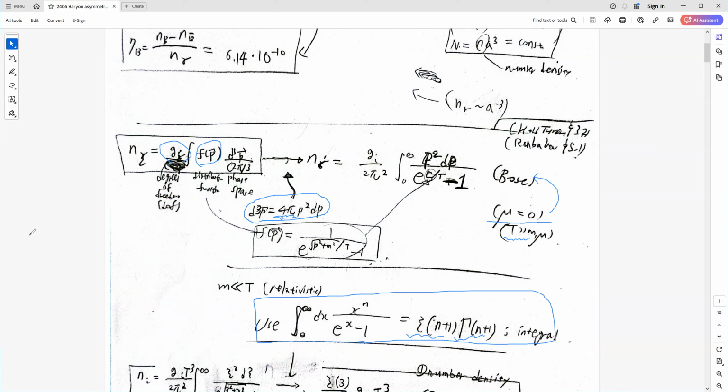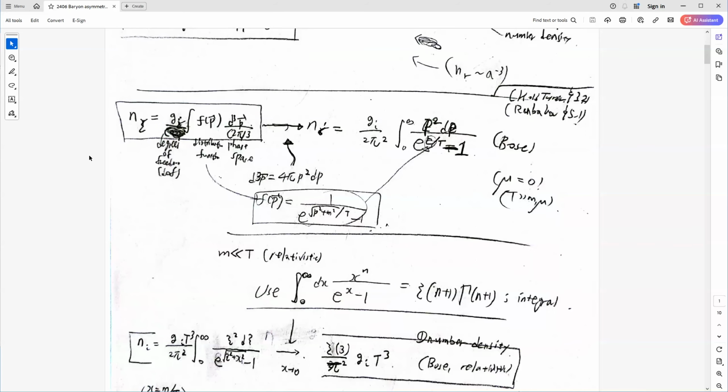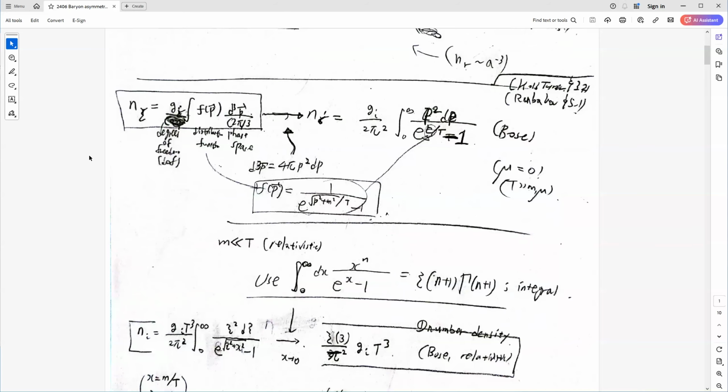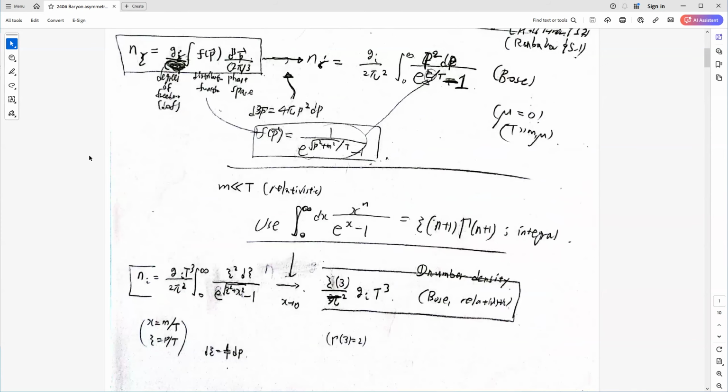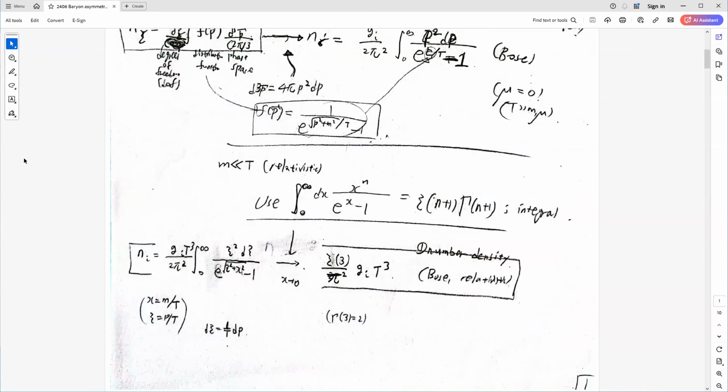By using this formula, we can obtain the number density for the Bose-Einstein statistics in the relativistic case. So the number density is given like that. And we will change variables: first of all, m over T as x and p over T as zeta.